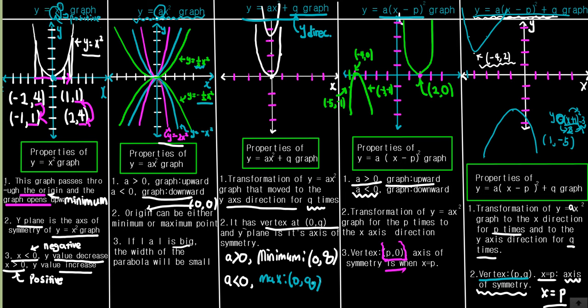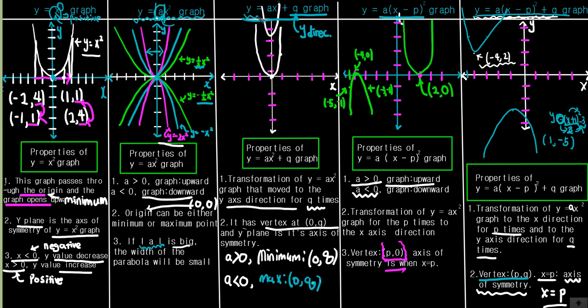And we need to remember that the origin, which means (0, 0), can be either a minimum or a maximum point, depending on the sign of a's value. We also need to remember that if the absolute value of a is big, the width of the parabola will be small, like this case.